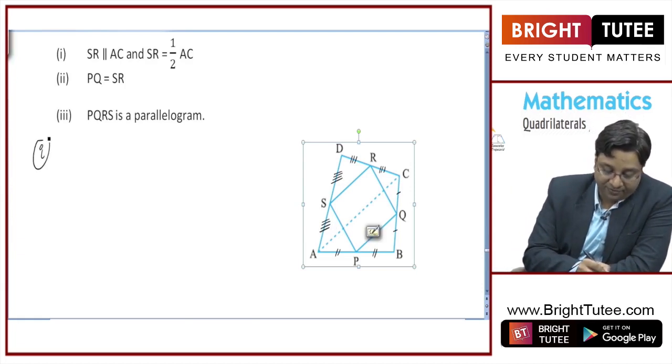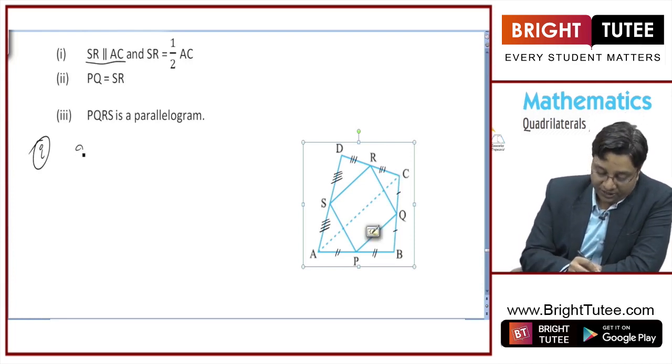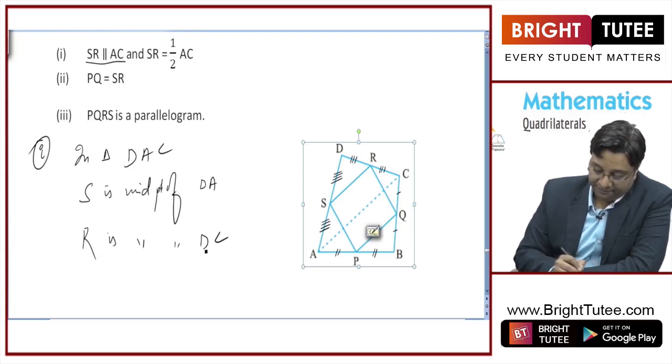So first part, SR is parallel to AC. It can be easily shown by using the midpoint theorem in triangle DAC. I can see that S is the midpoint of side DA, R is the midpoint of side DC.